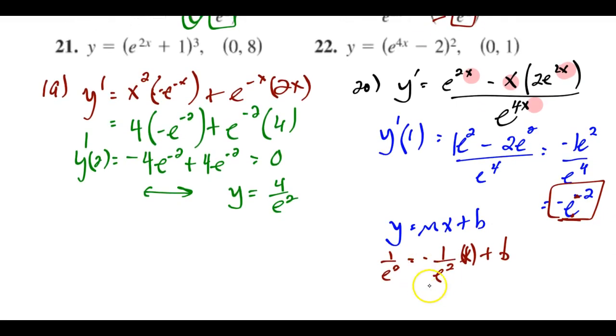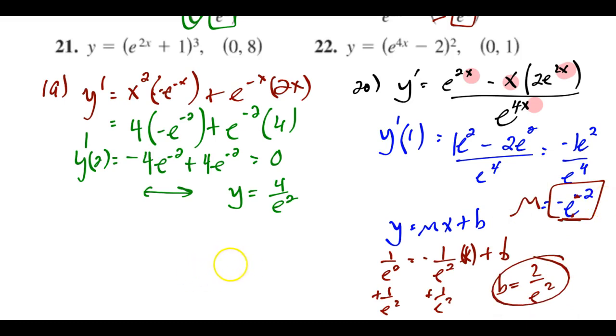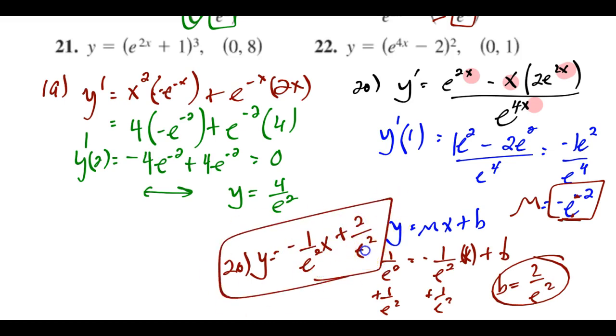And so then I add that to both sides, plus 1 over e squared plus 1 over e squared, and I get b equals 2 over e squared. So now I've got slope and the y-intercept, and I can write the equation for number 20 to be y equals negative 1 over e squared x plus the b, 2 over e squared. That's ridiculously hard.